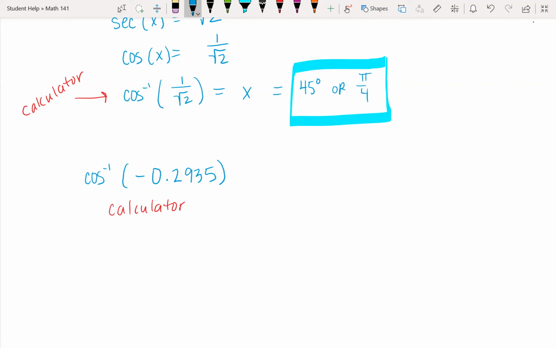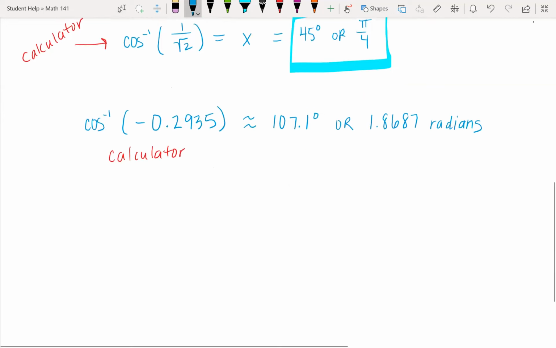And the calculator will tell us approximately 107.1 degrees. That's if you're in degree mode, or 1.8687 if you're in radian mode. This is in radians. Remember that if you don't have the degree symbol, it's implied that it's radians. You don't have to write the radians, but I'm just writing it to kind of remind you.